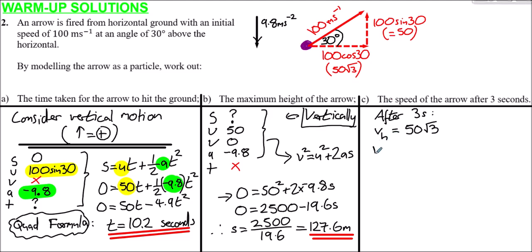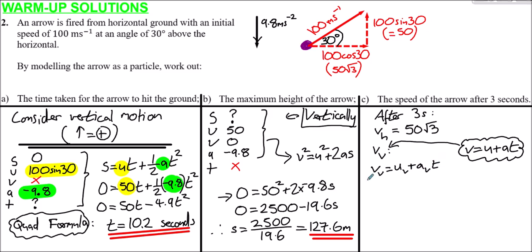To find the vertical component of velocity, what we can do here is we can use v equals u plus at. So the vertical component of velocity will be the initial component of the vertical velocity plus the vertical acceleration multiplied by the time.